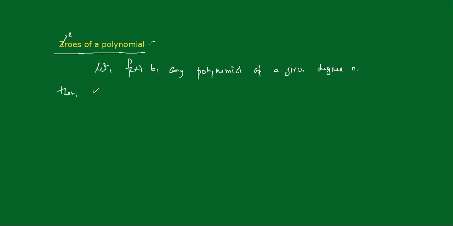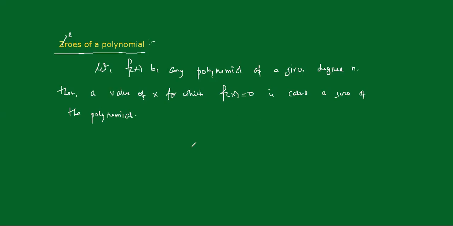Then a value of x for which f(x) is 0 is called a zero of the polynomial. Zero of the polynomial. So it may not be very clear when I have written it like this.